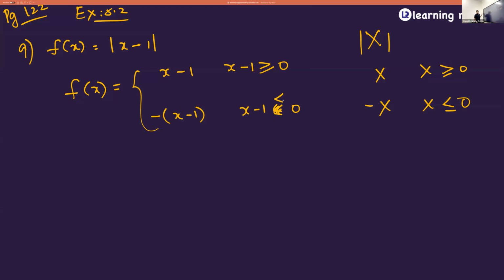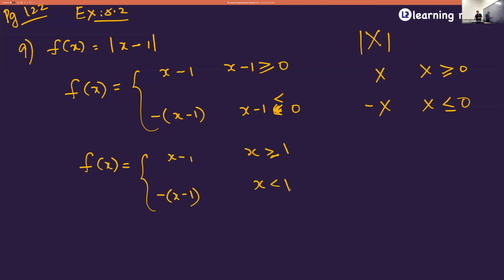An extra step. What will you have? The same thing: x minus 1 when x is greater than or equal to 1, minus of x minus 1 when x is less than 1. That's it. That's all you need to do.